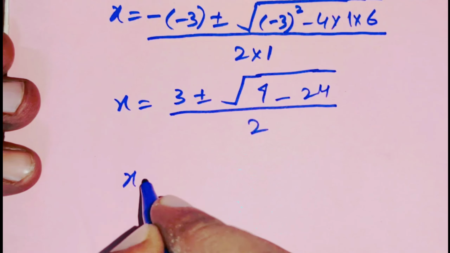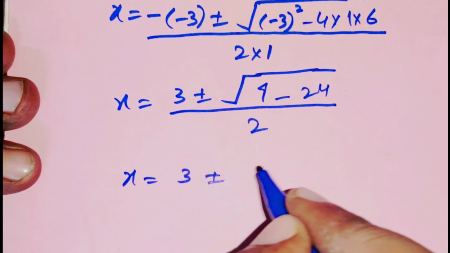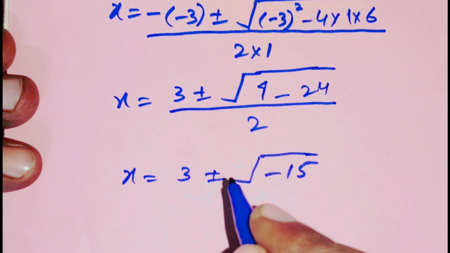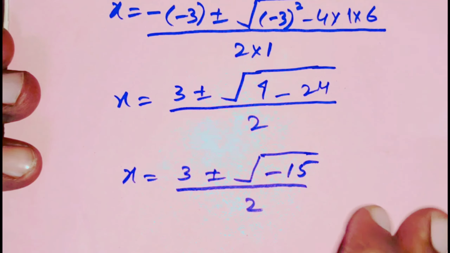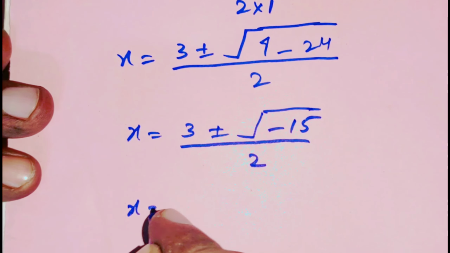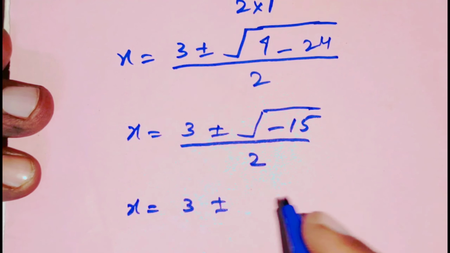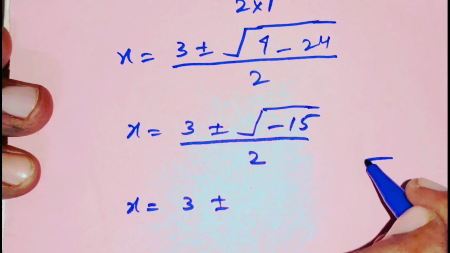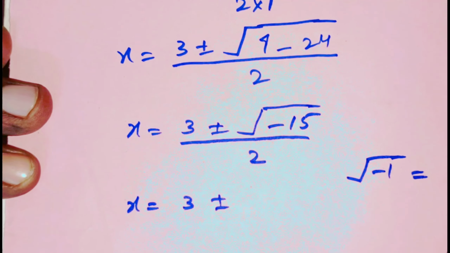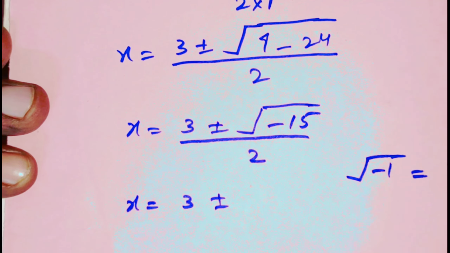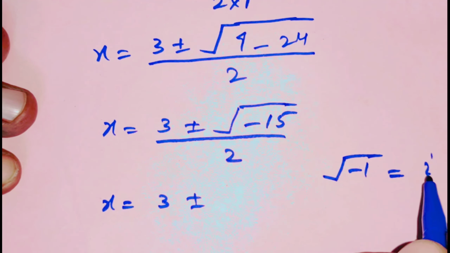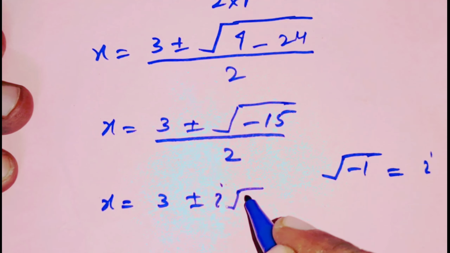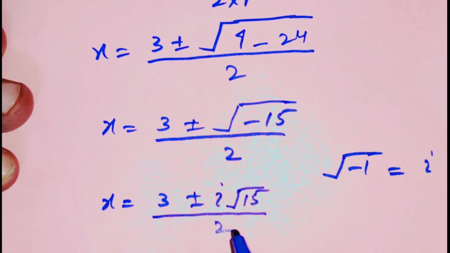So now x equal 3 same, plus minus square root of 9 minus 24, we will get minus 15 from here, and over 2. x equal 3 same, plus minus, here we have minus in the square root, so we know that square root of minus 1 is equal to iota. It is an imaginary number, so we will keep iota here, and minus 15 remains same over 2.